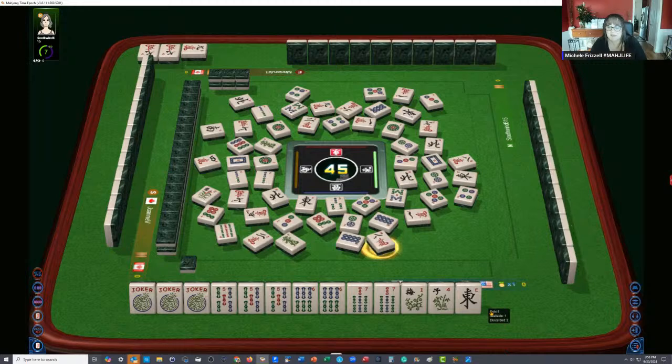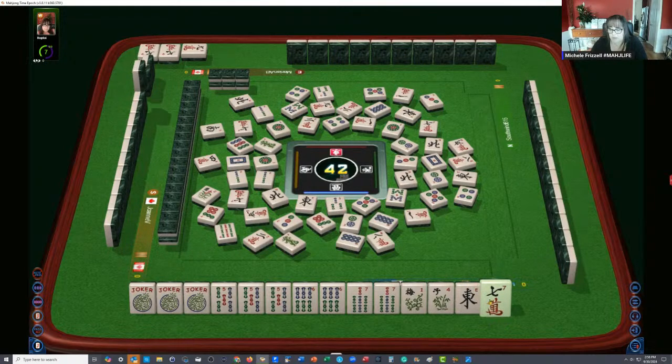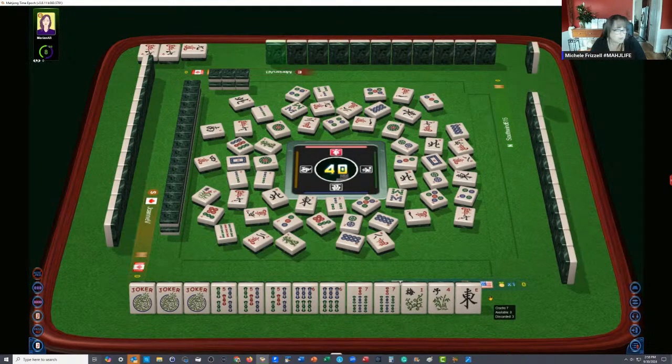None of our tiles are out. Five characters. You know, they could be playing 3-6-9 over there as well. Three bamboos. Let's hope they're playing 3-6-9. Seven characters. Eight dots. Oh, are you surprised that we're still going? Eight characters. I am.